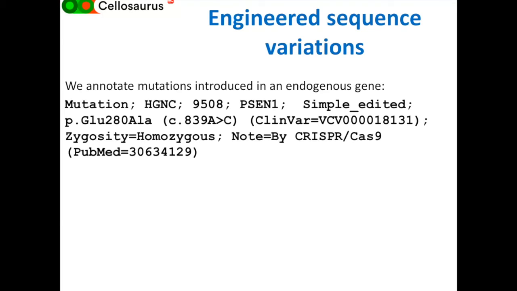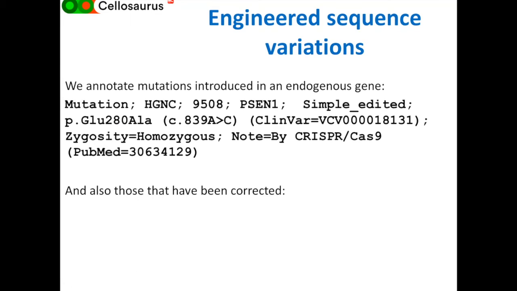Here you have an example of a mutation introduced on presenilin 1, for familial Alzheimer's disease, where they have edited a position and homozygously added this mutation using CRISPR-Cas9.